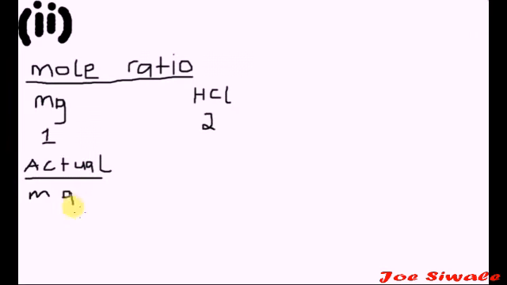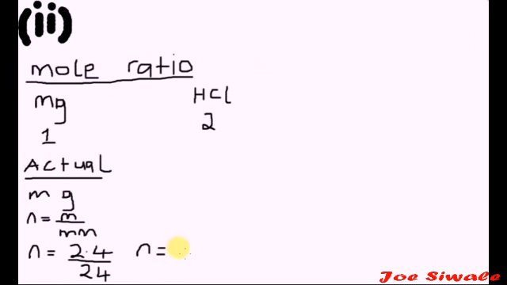The next thing is to compare the actual number of moles that will take part in the reaction. So to find the number of moles of magnesium, I'll say number of moles is equal to mass over molar mass. The mass we have been given is 2.4, divided by the molar mass, which is 24. 2.4 divided by 24 is 0.1 mole of magnesium, which will take part in the chemical reaction.